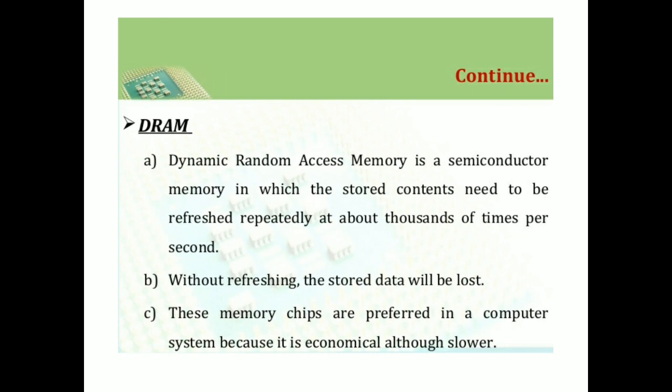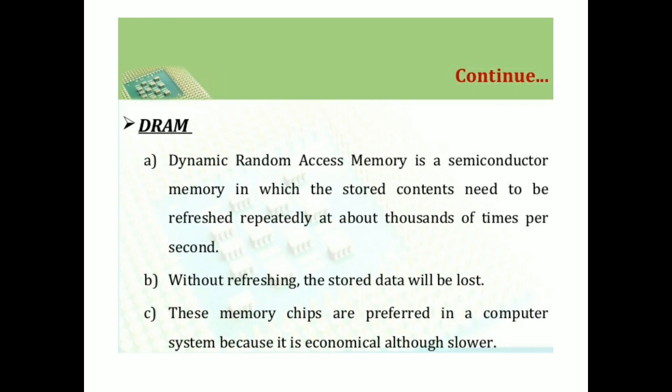A DRAM stores information in the form of a charge on a capacitor which leaks away in a very short time. Therefore, its contents must be periodically, usually every 2 milliseconds, be refreshed by restoring the capacitor charge to its full value.